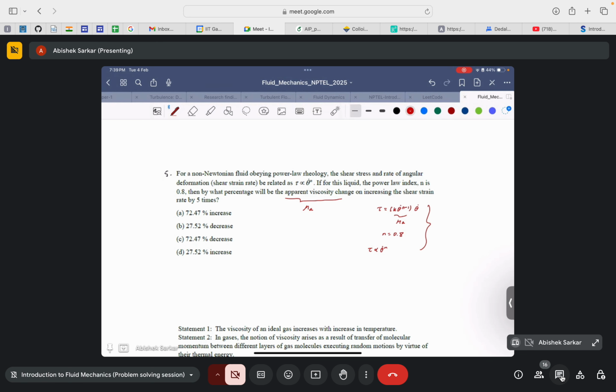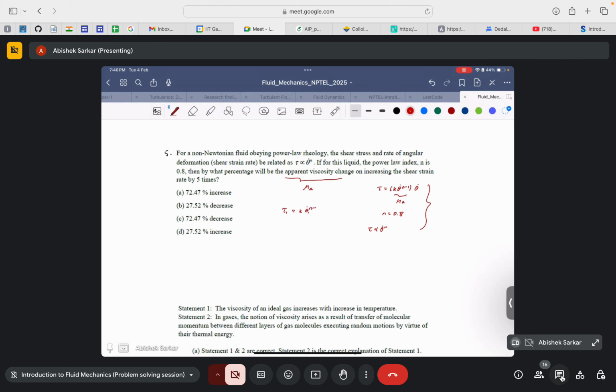You can treat it as tau 1 as k theta dot 1 to the power n minus 1, and tau 2 as k theta dot 2 to the power n minus 1.